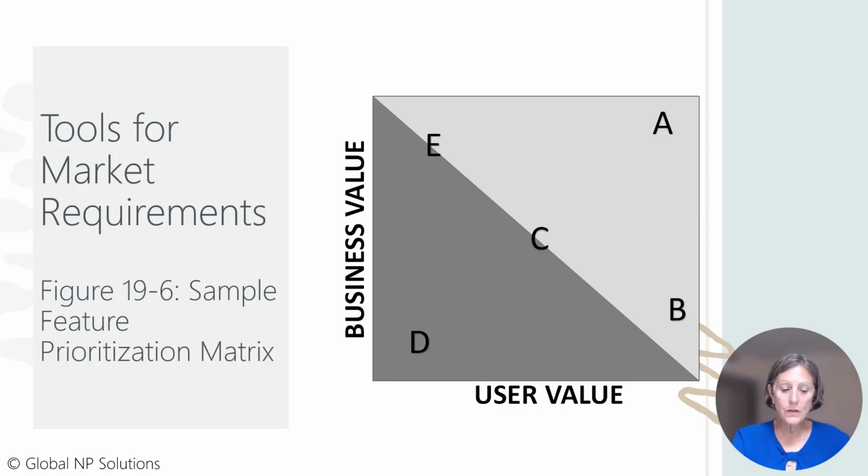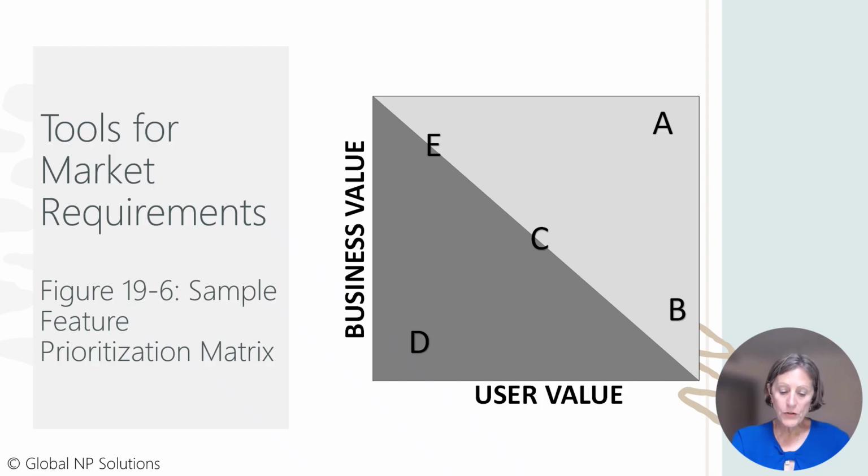Customers were interested in the following product attributes: A, cordless and rechargeable; B, compact; C, low noise distortion; D, generates white noise; E, adjustable microphone. The firm also used a BCG matrix to determine competitive offerings and opportunities for market growth. Figure 19-6 shows the results of the feature prioritization exercise.